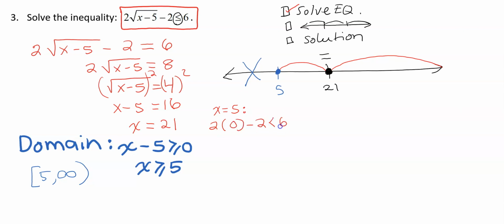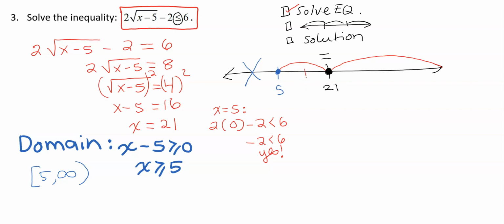Is it less than 6? And that is yes. Negative 2 is less than 6. So that is okay. So 5 is okay, right? The endpoint is okay.